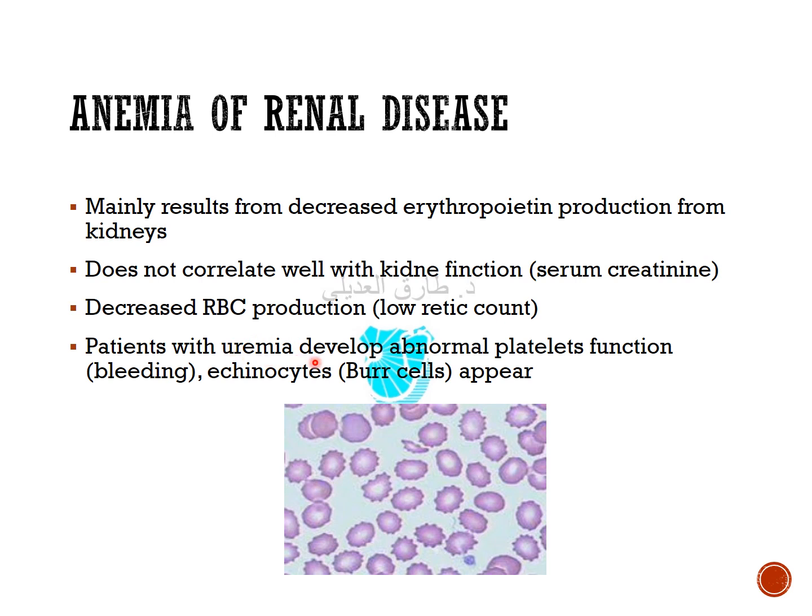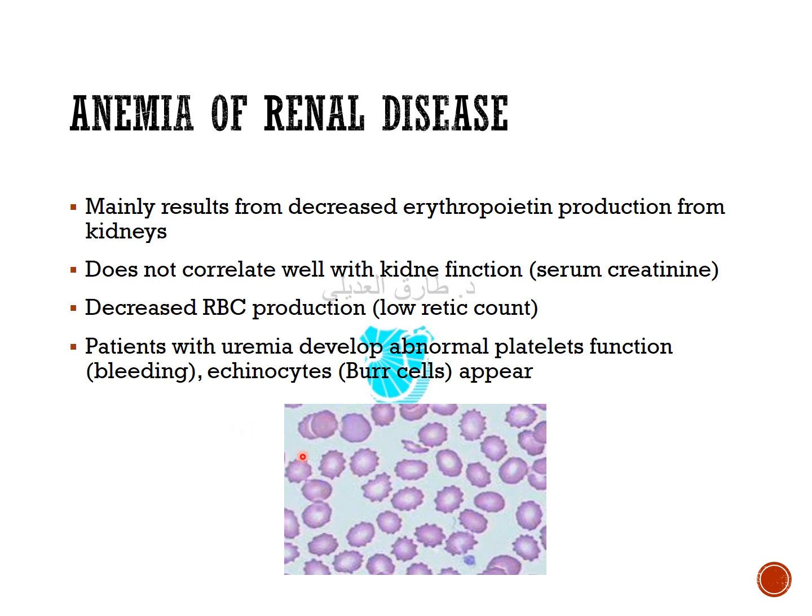In uremic patients, they have abnormal platelet function because the urea changes the normal environment of the blood. So the platelets become non-functioning, although the count is normal. If you test the patient, he has a normal platelet count, but these platelets are not functioning, so they develop bleeding and then anemia secondary to bleeding.